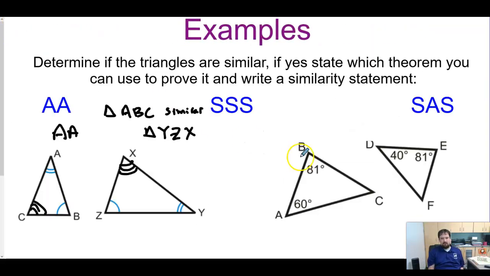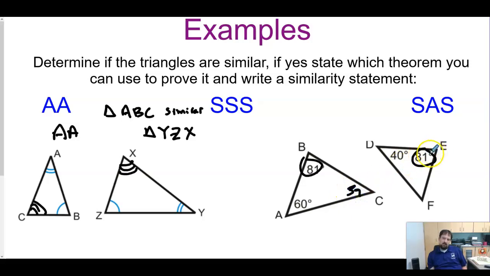Let's try this one right here. We have 81 degrees right here and 81 degrees right here. And this one is 40 and this one's 60. Those aren't congruent. But let's see about this one. If I had an 81 and a 60, 180 minus 81 and 60 would be, oh, my mind just drew a blank, 39.